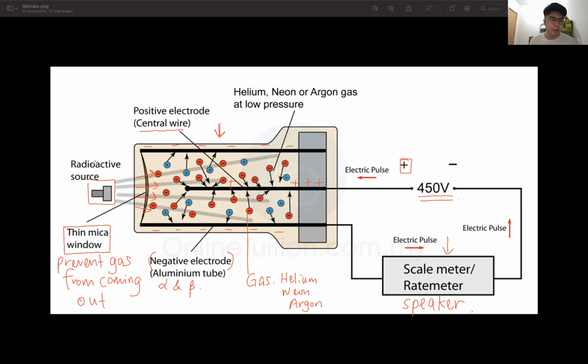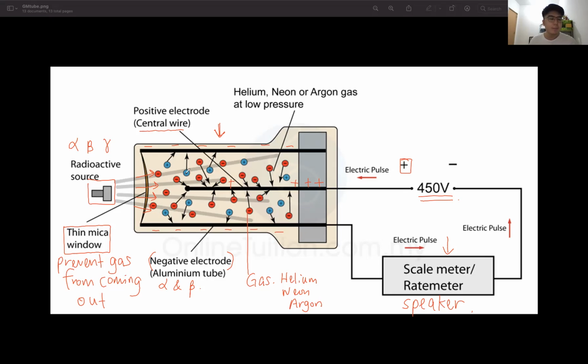So you have a radioactive source here, and you point the tube towards it. When the radioactive source gives out radiation, the radiation can be alpha, beta, or gamma, right? Or it could be all three at the same time.